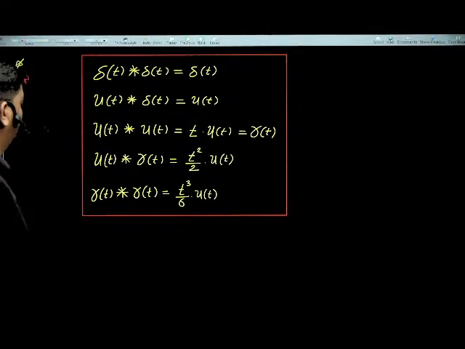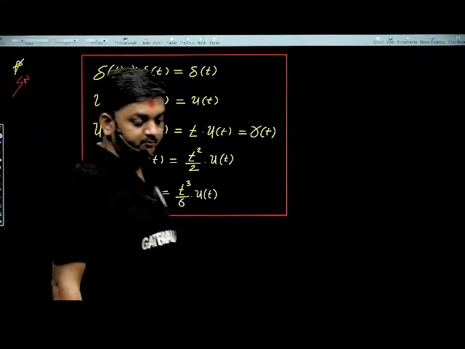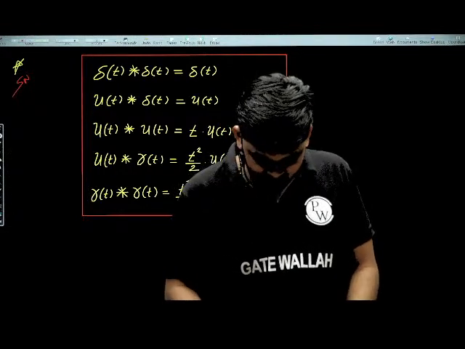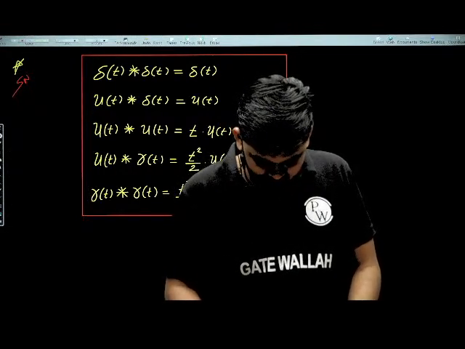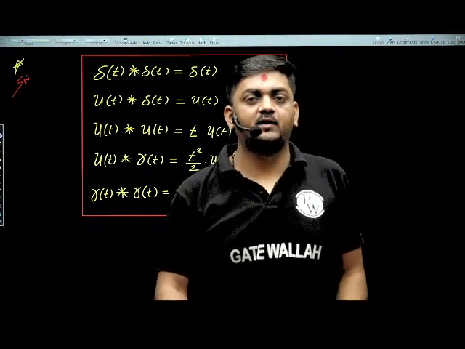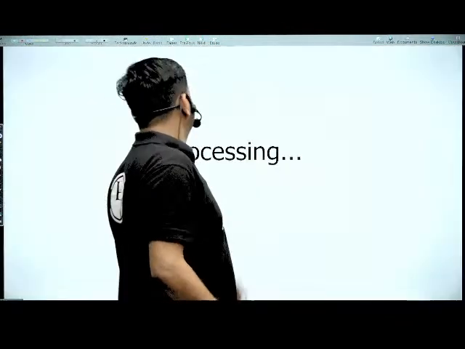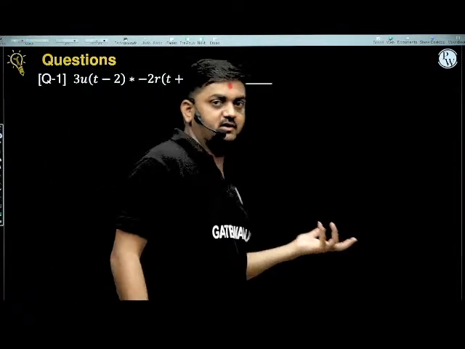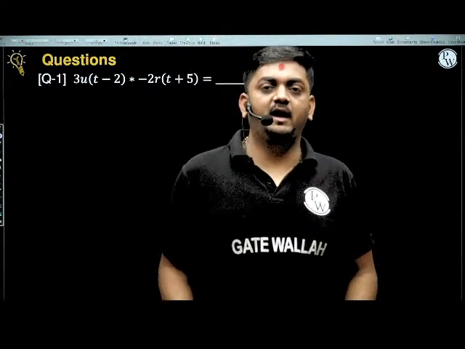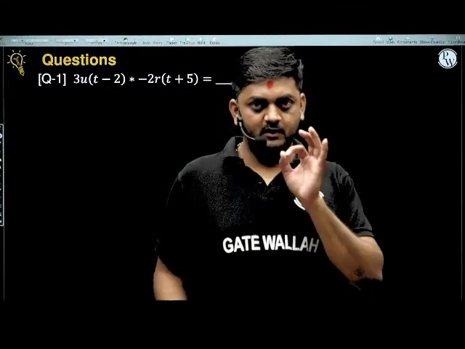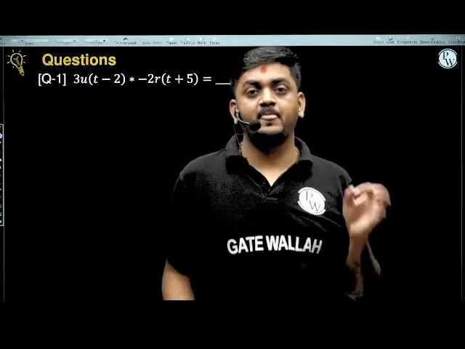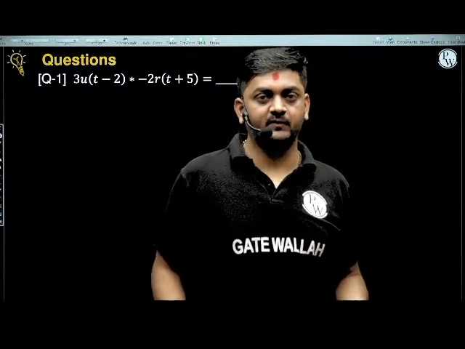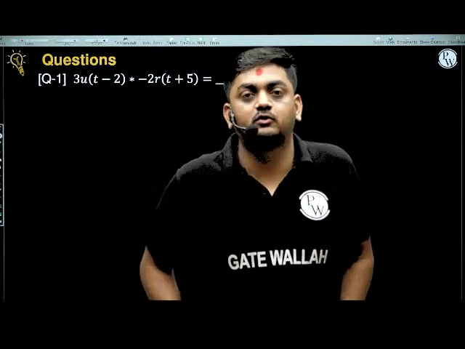So these are the important results. Now in this you can apply the shifting property also, guys. Okay. So guys, in the next class we will solve certain questions based on these results, and then we will see the convolution of exponential function with step function, exponential with exponential, and again we will solve certain important questions, and then we will see the convolution of finite duration signals.